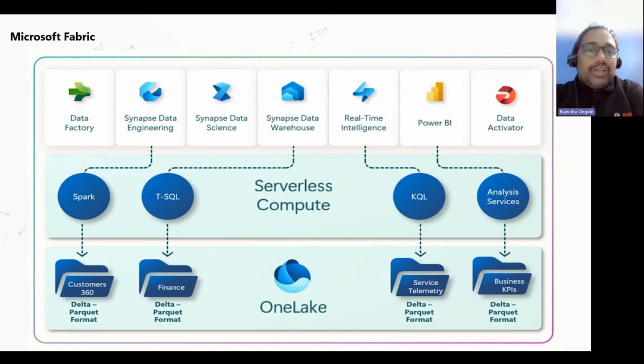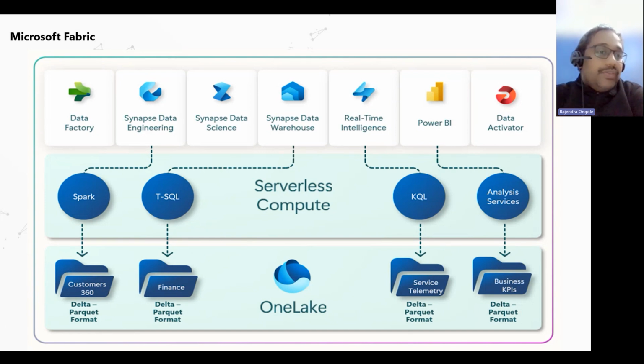Coming to the architecture, if you're observing this, Microsoft Fabric was released, or this build was released, last year, in May 2023. The main idea is that instead of getting the data from different personas, different tools and domains, they're trying to integrate everything under one single umbrella.